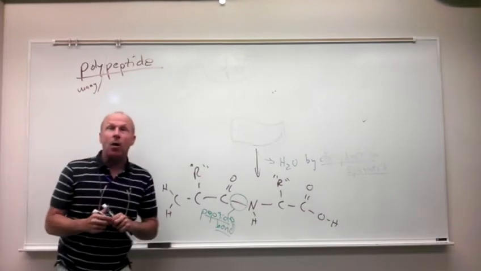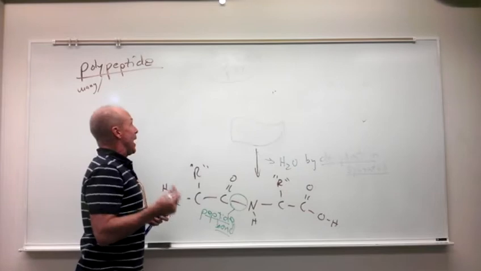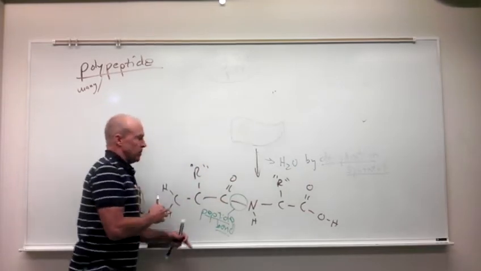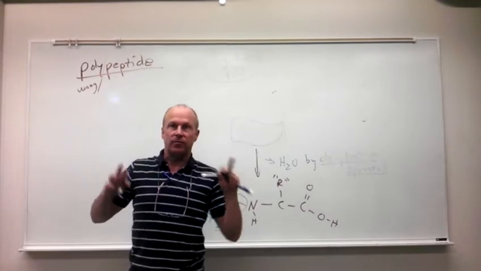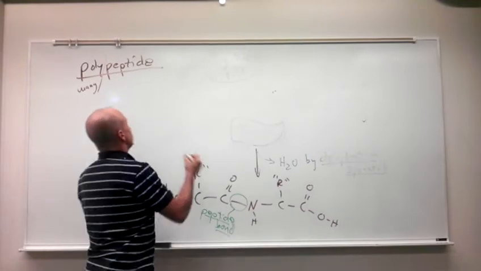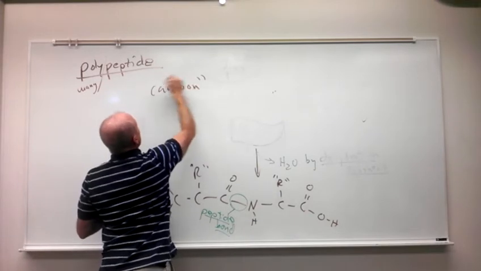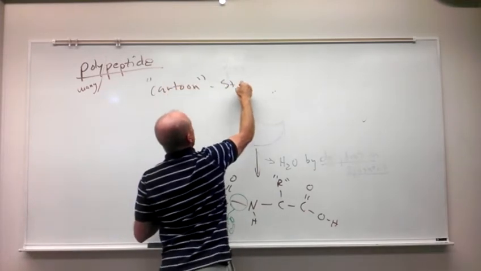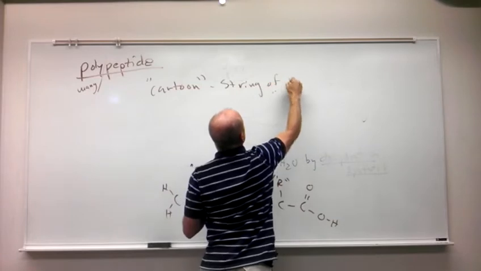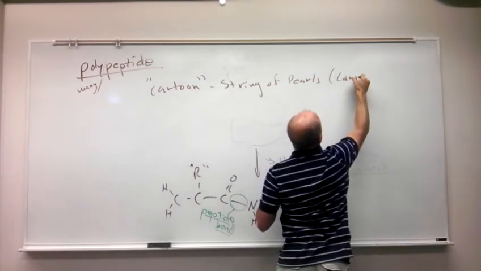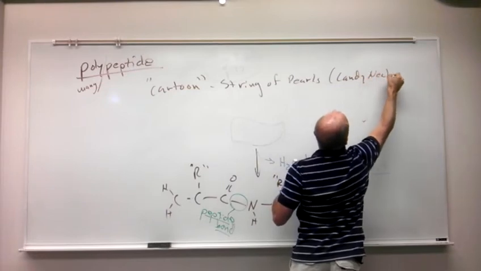And what I want to do now is change gears and convert our concept of polypeptide as a form of structural formulae into this cartoon that we'll work with from now on. Our cartoon is going to be kind of a string of pearls idea, or candy necklace, right?